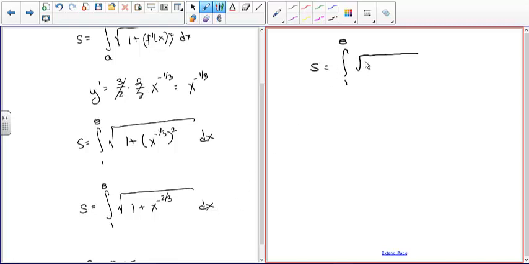And this is my thought here. If you think about it, let's rewrite this as 1 plus 1 over x to the 2/3, like that. And if we multiplied and divided by x to the 2/3, so what we're going to do is multiply by x to the 2/3 and divide by x to the 2/3 inside the square root.